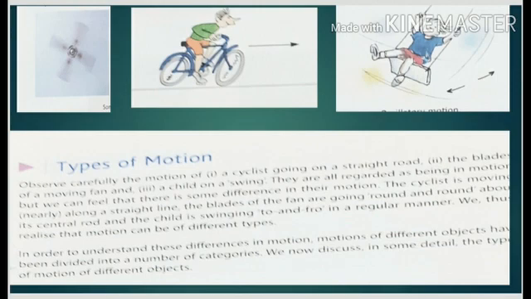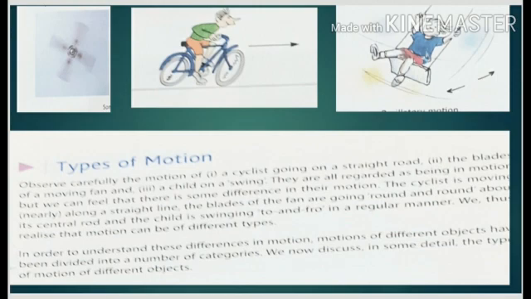In this way, we can conclude that every object, when in motion, has a particular way of changing its position, and on the basis of that, there are various types of motion.